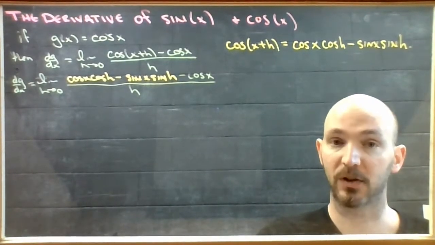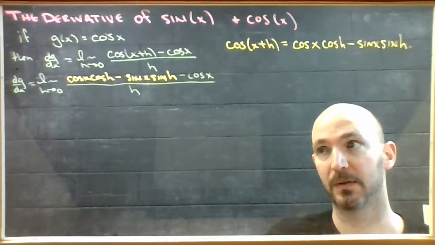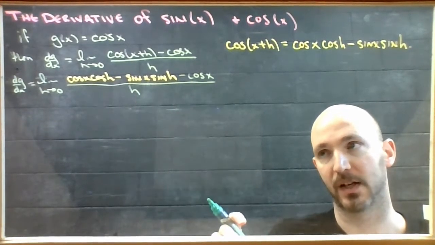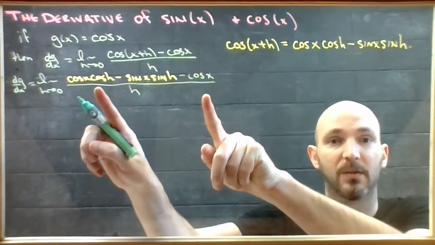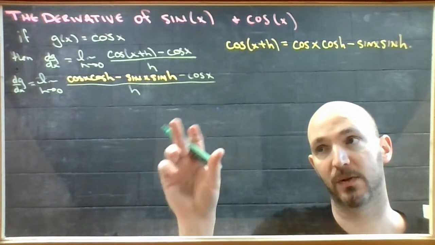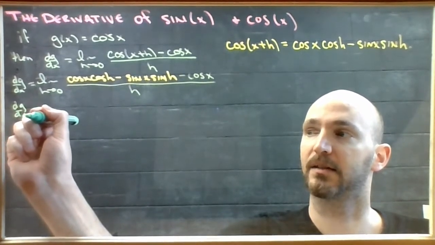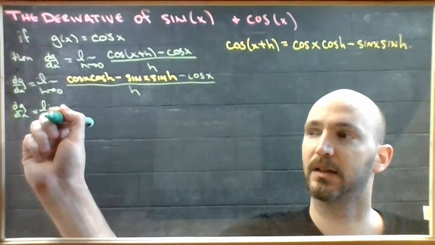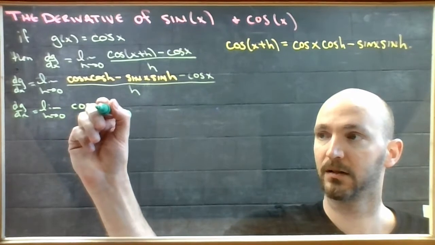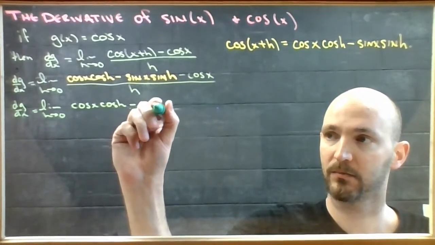Now this should be looking pretty familiar after having just watched the sine example. I don't have a cosine x to cancel this cosine x, but I do have two terms that contain them. So I'm going to pop this one over here so that I can do some factoring. So dg by dx is the limit as h goes to 0 of cos x cos h minus cos x.